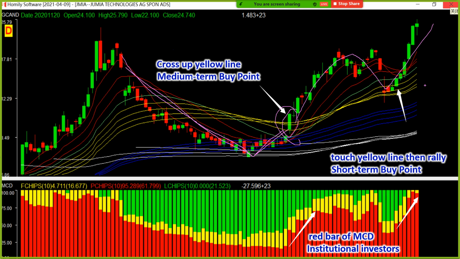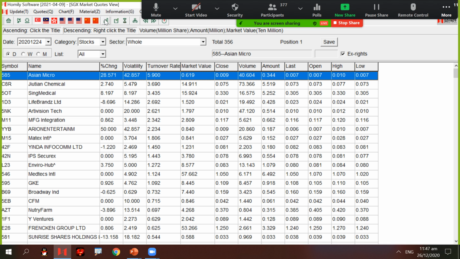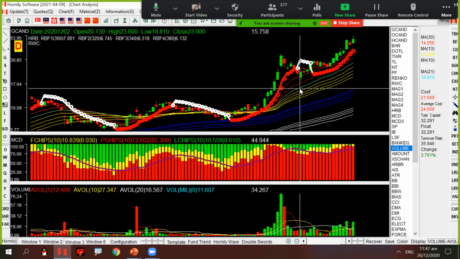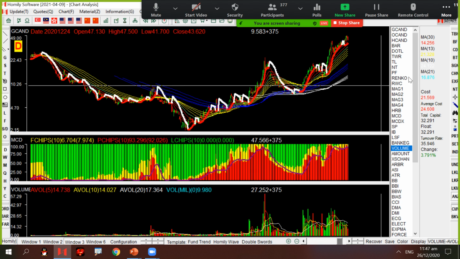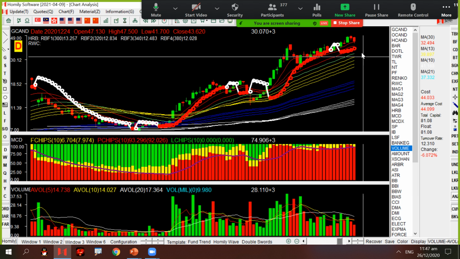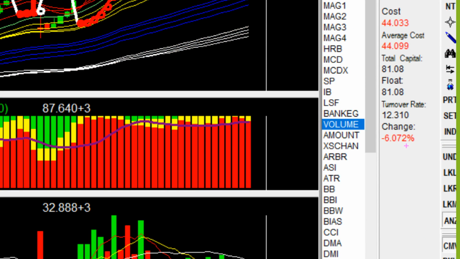Yes. Do you want to have a look at the chart now, Jumia? Jumia also is a very, very good one, you see. Now already $40 something, right? If you check the Jumia turnover rate, even though Friday dropped, it can still touch 12%.